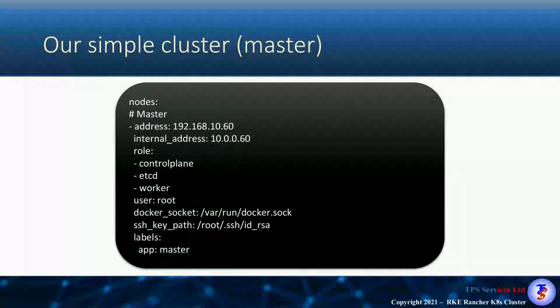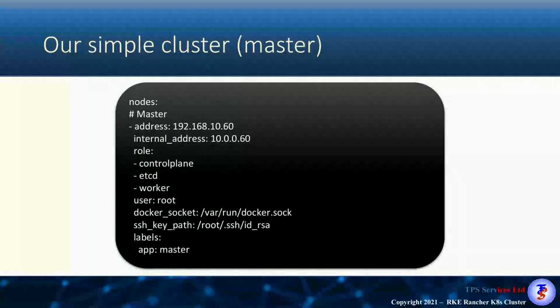The address is the public address, and that's the one that will be used mostly by Kubernetes when people need to access it from the outside. If you're only using a single NIC, then you don't use the internal address, you just need address, and address will be used for both internal and public addressing for your Kubernetes cluster.